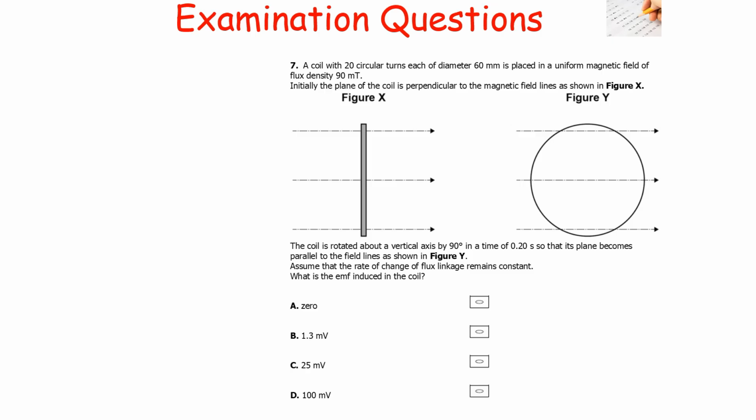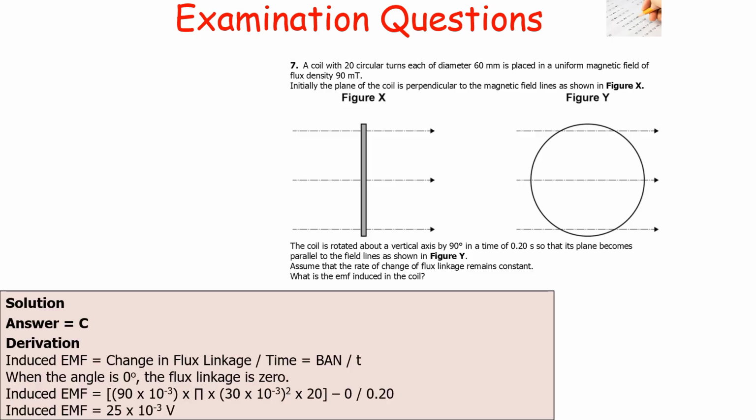Right, so our answer here is going to be C, because you know induced EMF is the change in flux linkage over the time. Now our change in flux linkage is BAN, so we know when the angle is 0, the flux linkage is 0, so therefore we can work out what our flux linkage is at 90 degrees by doing B, which is the magnetic field strength, which is 90 times 10 to the minus 3, because 90 milliteslas, milli means times 10 to the minus 3.